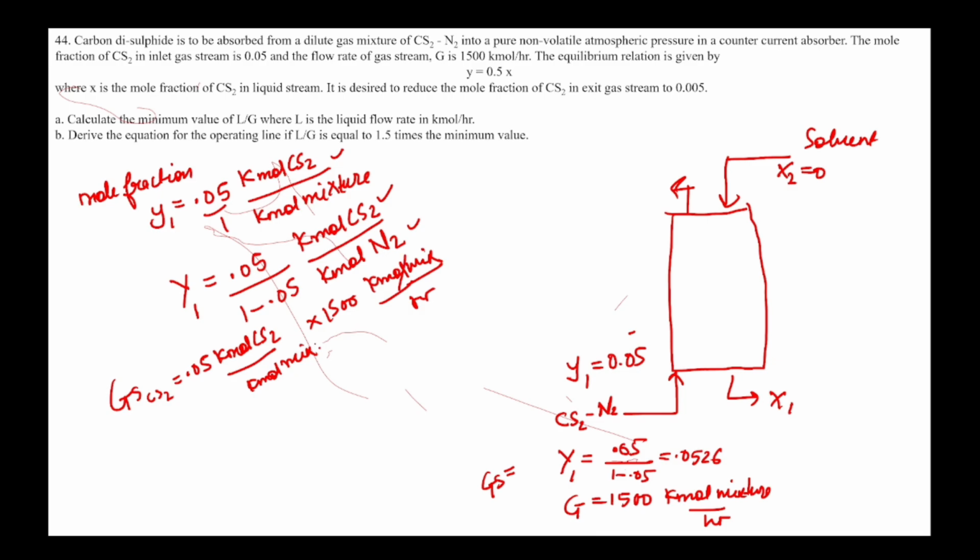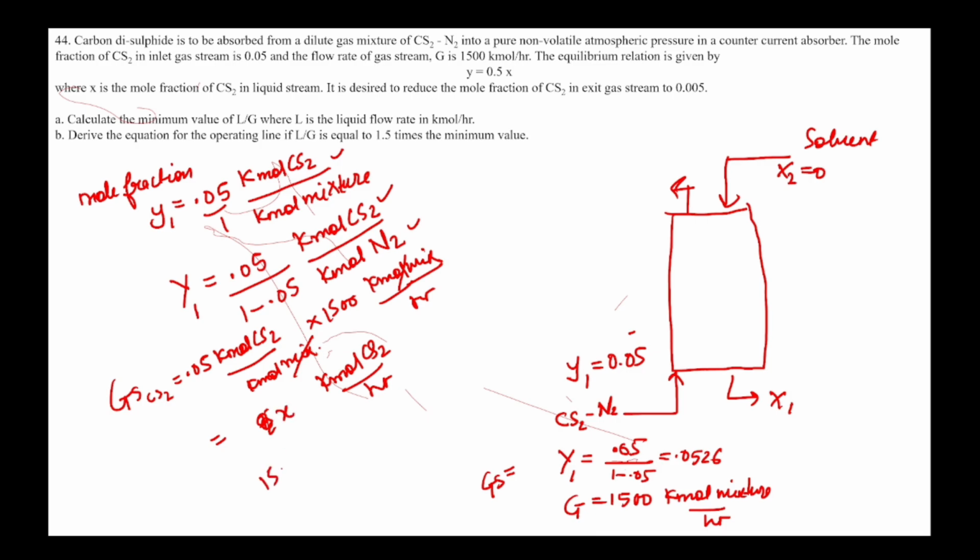The kilomole of mixture will cancel out and it will give kilomole CS2 per hour. Suppose this value is x, 15 into 5, 75, whatever the value. Suppose x.